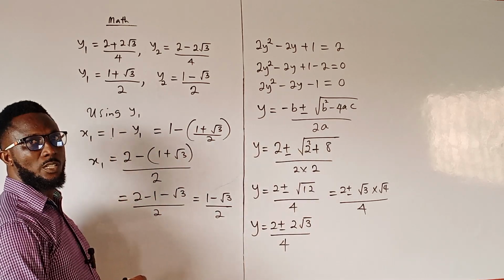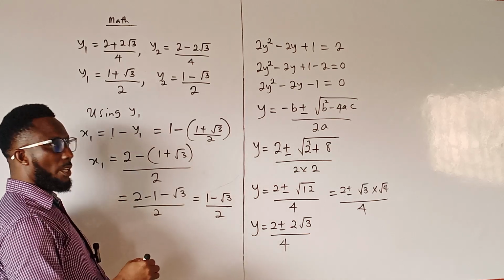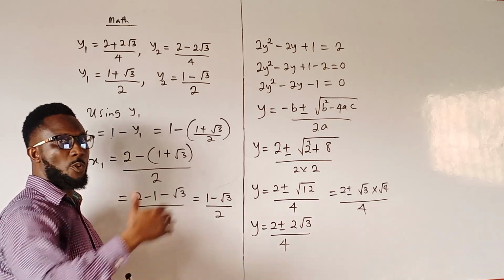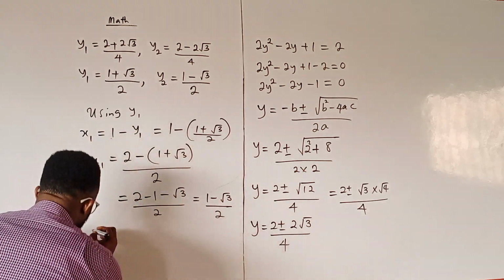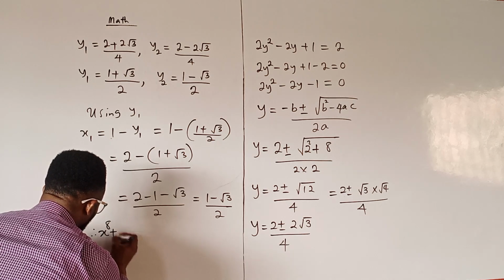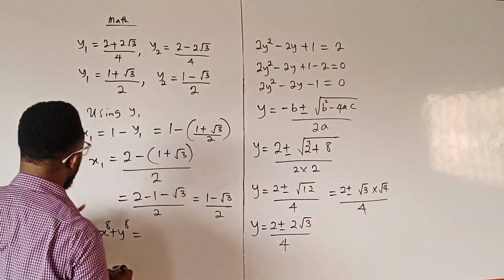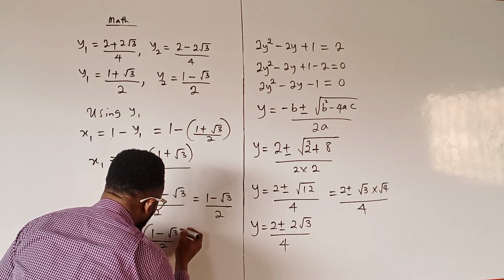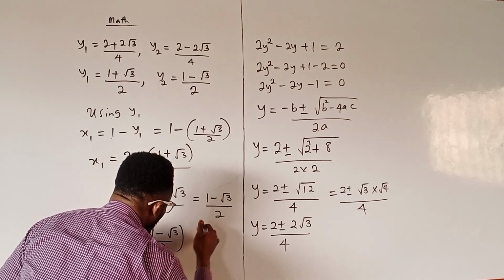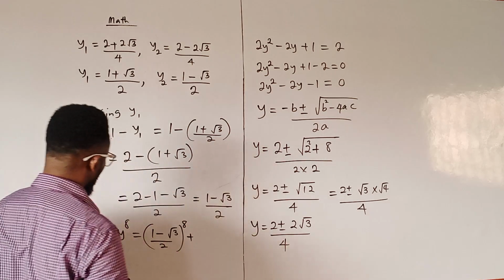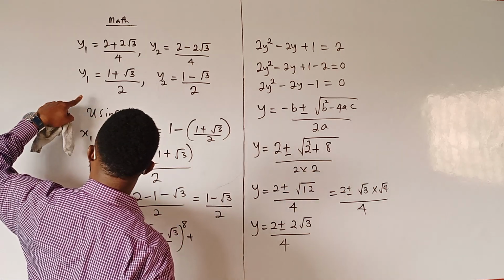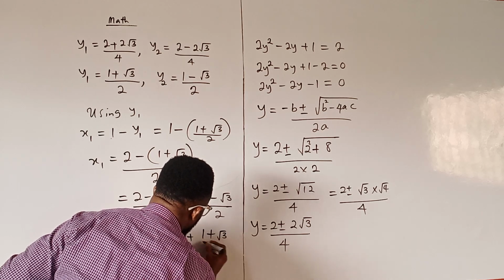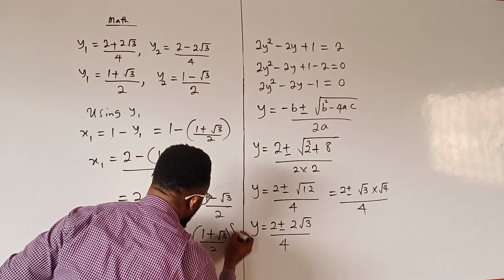So this is the value of x1. So I shall use these first values to compute x to the 8 plus y to the 8. So therefore, x to the 8 plus y to the 8 is going to be (1 minus rad 3 upon 2) to the power of 8. Write this 8 very well. Plus y to the 8. Well, where is y1? Okay, that's (1 plus rad 3 upon 2) to the 8.